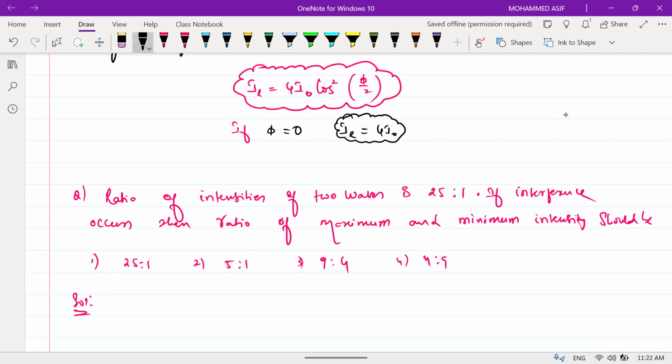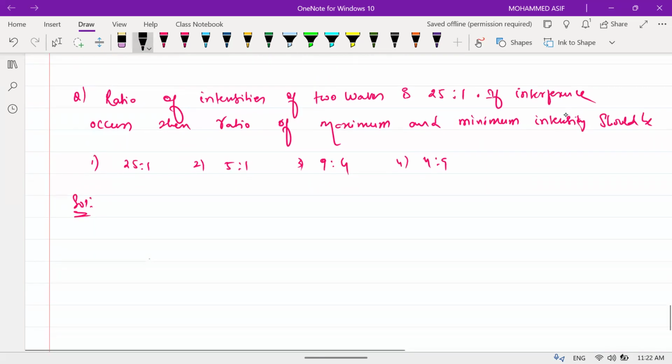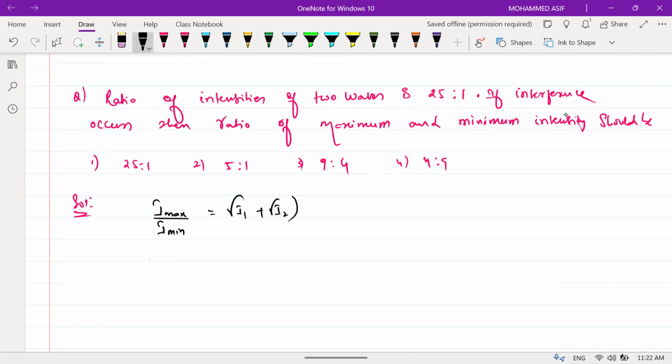The ratio of intensities is given to us as 25 is to 1. He's asking I max by I min. So I told you the formula. I max divided by I min will be equal to root of I1 plus root of I2 whole square divided by root of I1 minus root of I2 whole square.